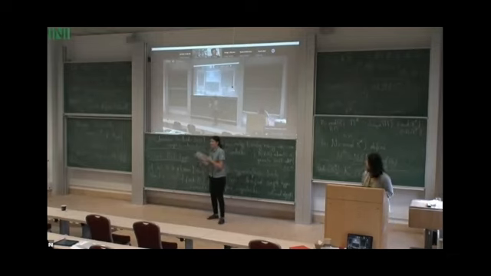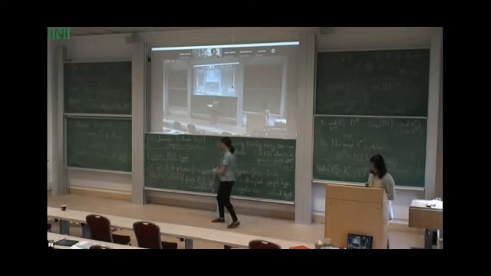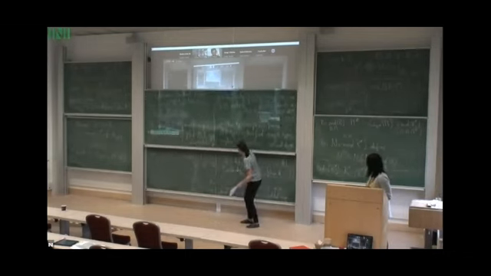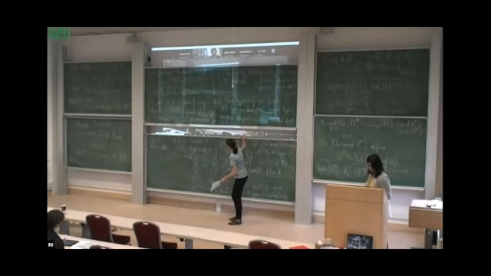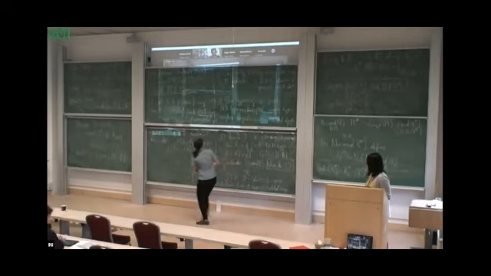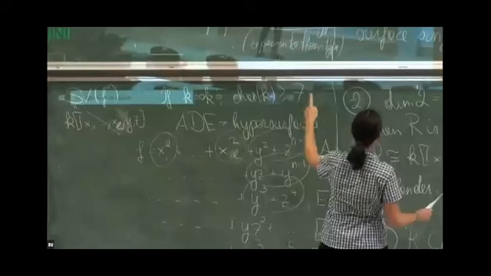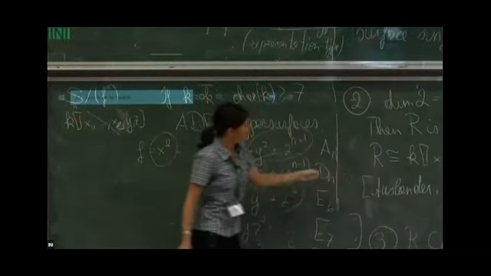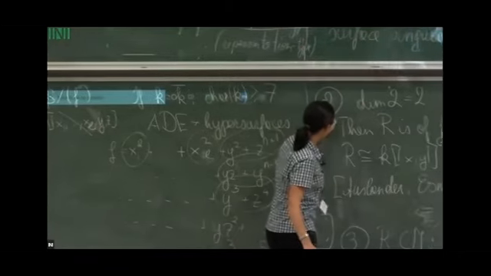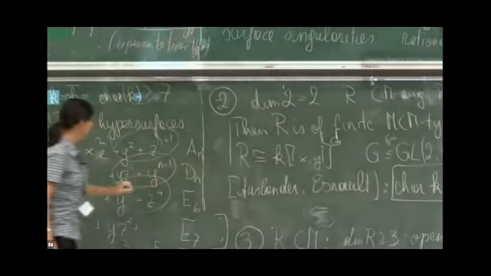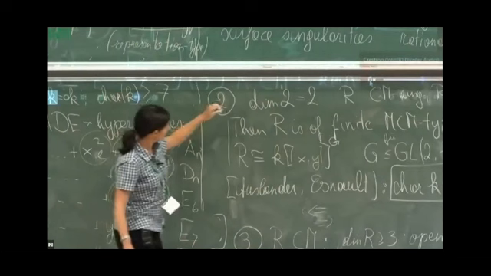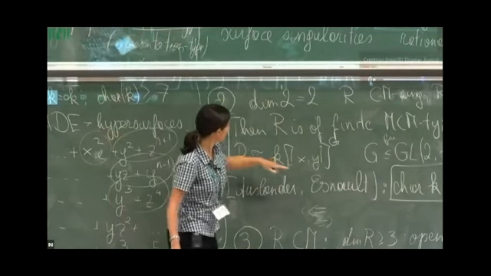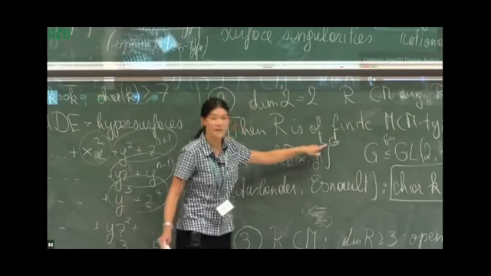So Ralph asked, how many are there? So the answer to this question is, I still have this result here. Let's look in dimension 2. In dimension 2, you have the result that R is of finite Cohen-Macaulay type if and only if it's the invariant ring of a group.